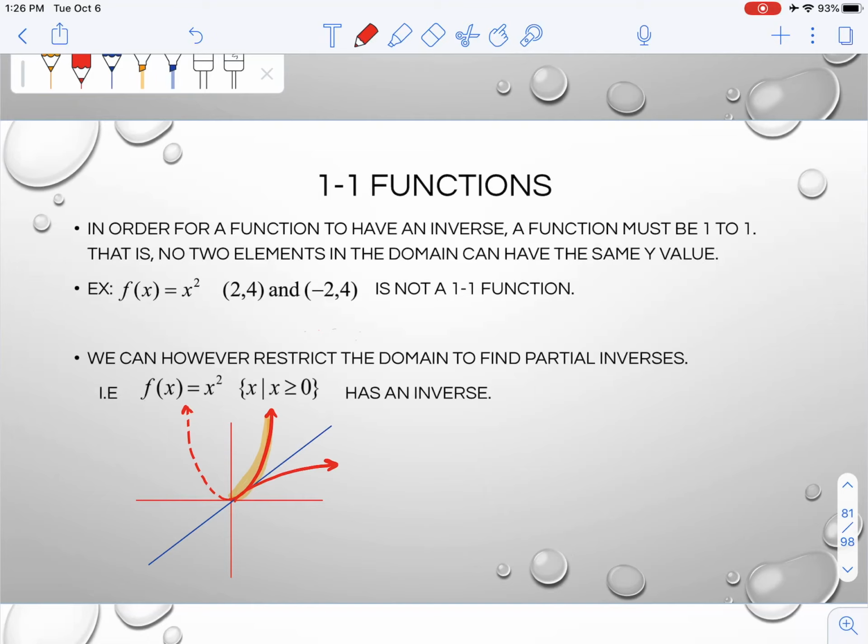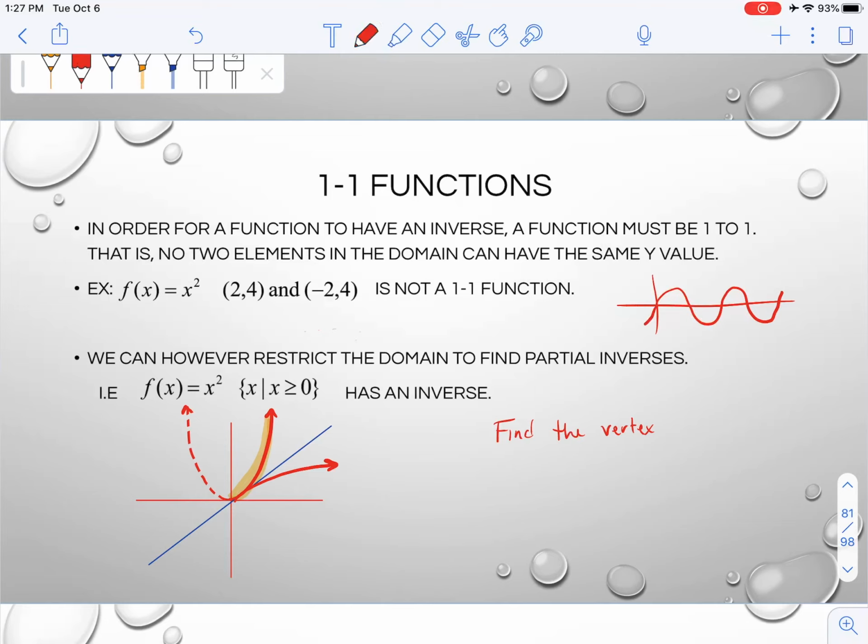So what we're going to do is find the vertex, or that point, maybe in a different irregular graph, where over a particular interval I can define a function such that it is one-to-one. Think about a sine function, for example. A sine function does something like this. When we go to find the inverse here, excuse me, let me go back.